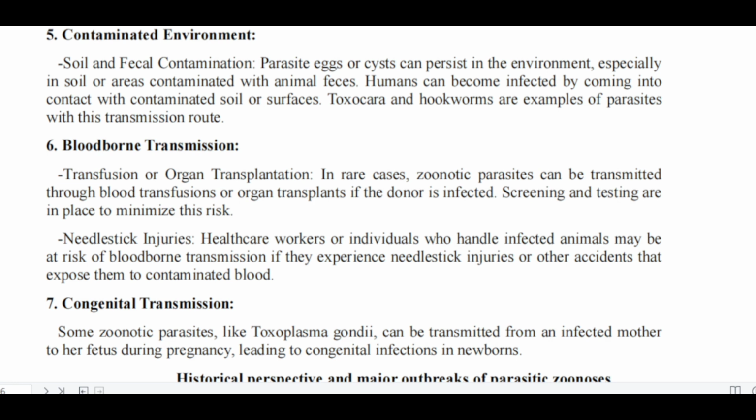Then needle stick injuries. Healthcare workers or individuals who handle infected animals may be at risk of blood-borne transmission if they experience needle stick injuries or other accidents that expose them to contaminated blood.